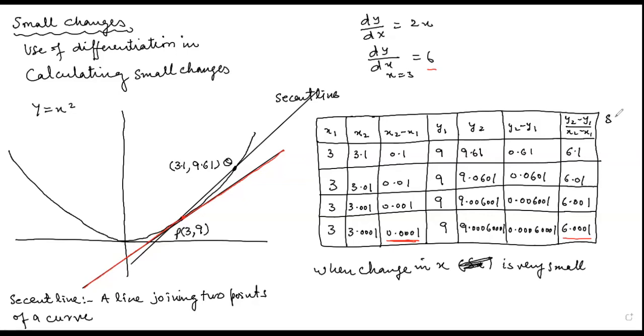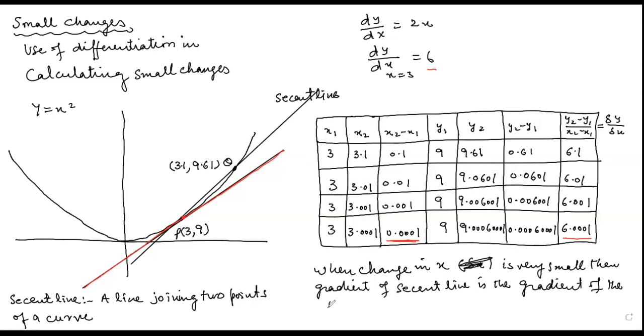This one may be denoted by del Y over del X. When change in X is very small, the gradient of the secant line is the gradient of the tangent line.